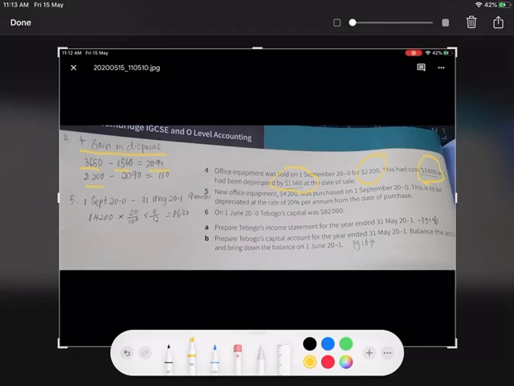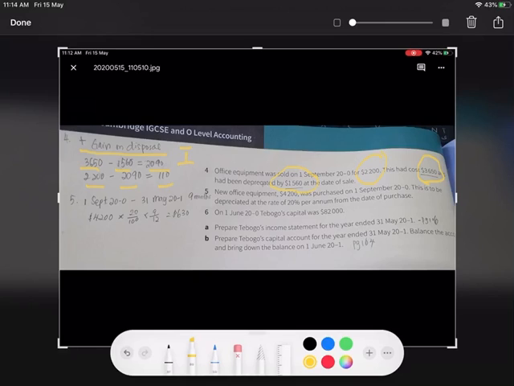Use selling price minus the net book value, which gives 110 gain on disposal. You should include this as part of the income in the income statement, together with fees received from clients and rent received from tenants.